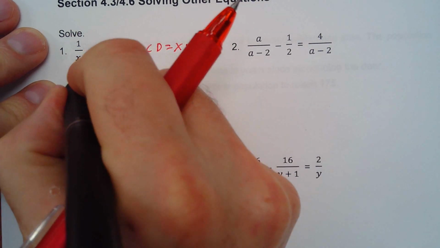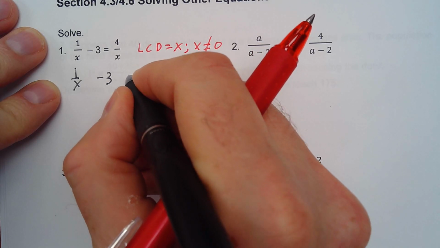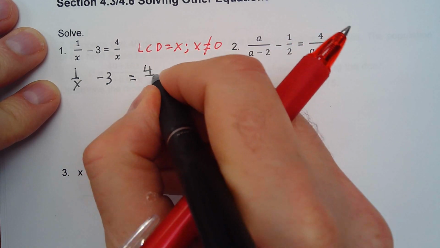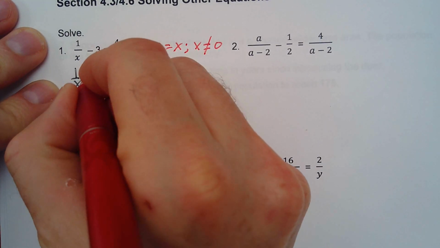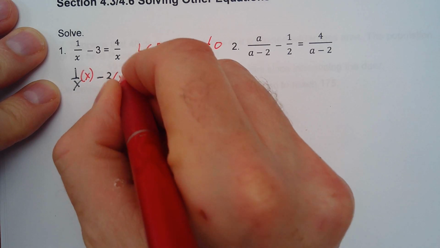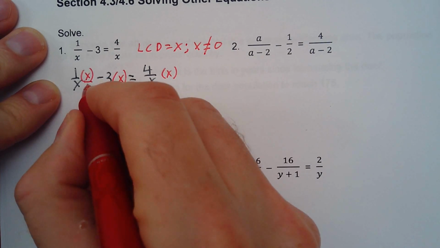So I want to take that 1 over x, that negative 3, and that 4 over x, and I'm going to multiply each of them by x. And again, if it helps you out, put that as x over 1.